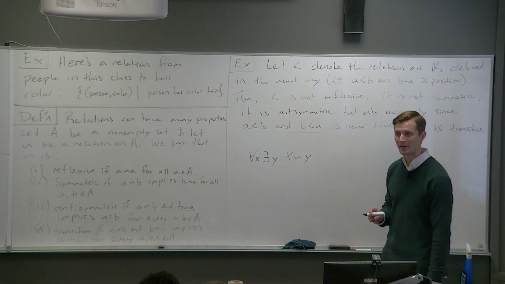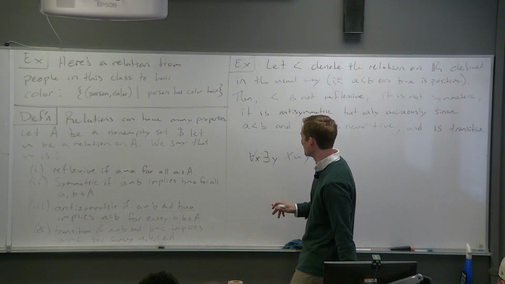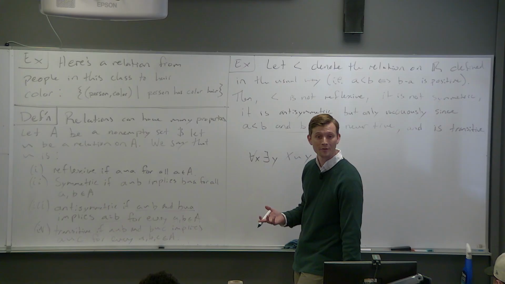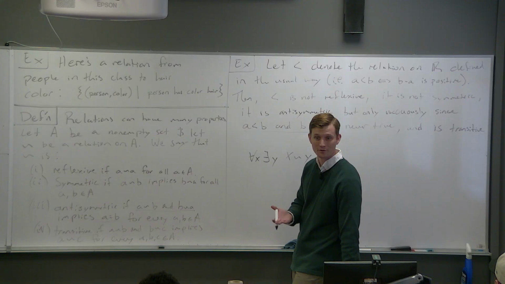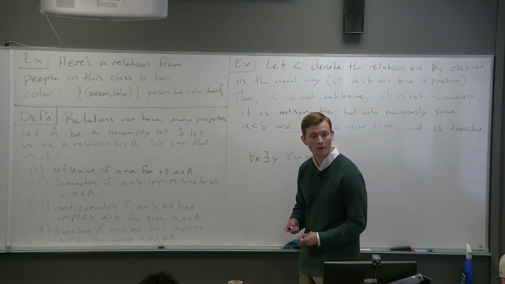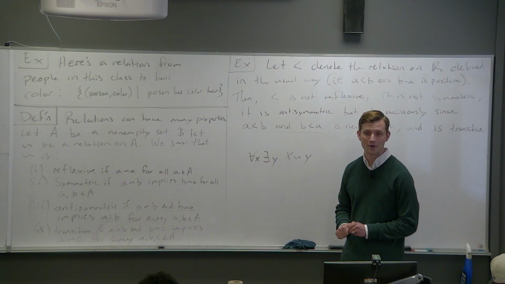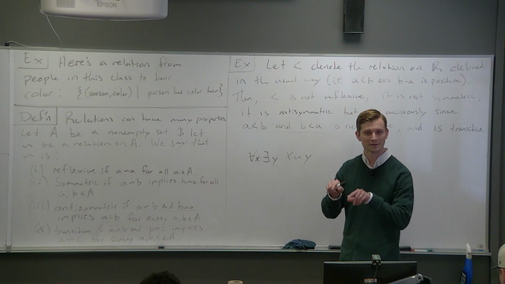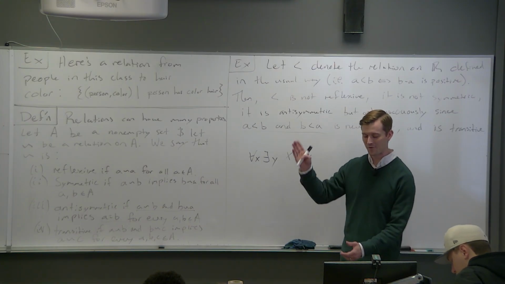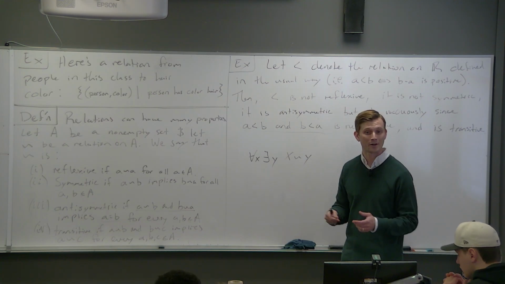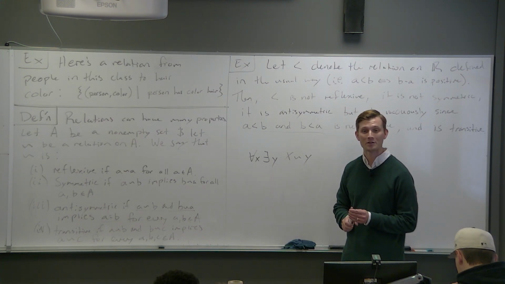There are many other different properties, I guess is what I'm trying to say. Any sort of statement you can make about ordered pairs defines some sort of a property. There are tons of different ones that people talk about. If you go to, say, for instance, the Wikipedia page, relation, mathematics, you will see a very long list of properties people consider. There's tons of them.